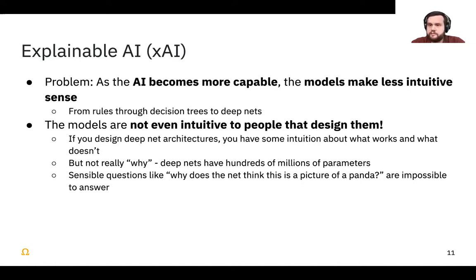So you can train the net to classify pandas beautifully, but if you ask, okay, so why is this a panda? then the deep net will not answer you this question, and even the designer cannot really answer you that question. And given that the AI models are involved in our daily lives more and more, this might be a problem.